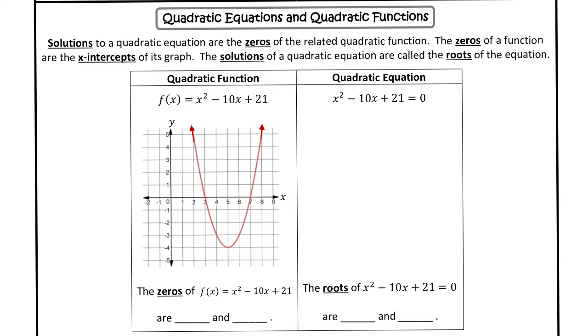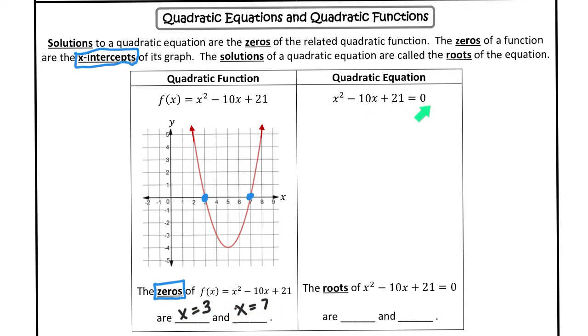The x-intercepts are the zeros, and if I point them out, the x-intercepts happen at two x values, at x equals 3 and x equals 7. Okay, so that's one part.